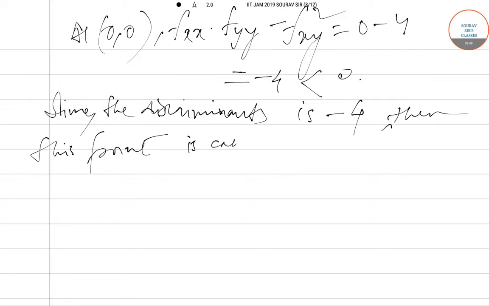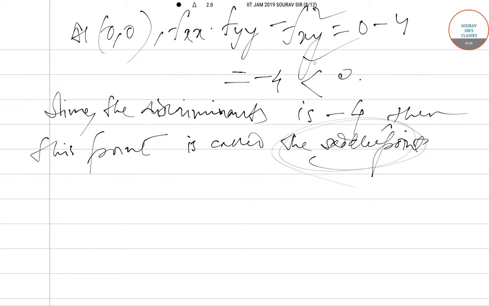is called the saddle point. So at 0 and 0 we are getting a saddle point.